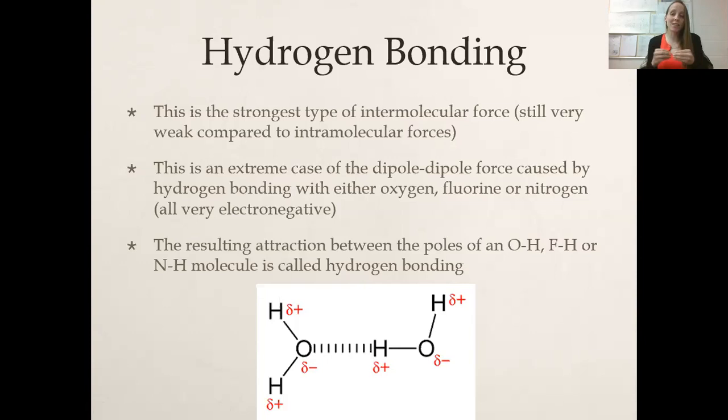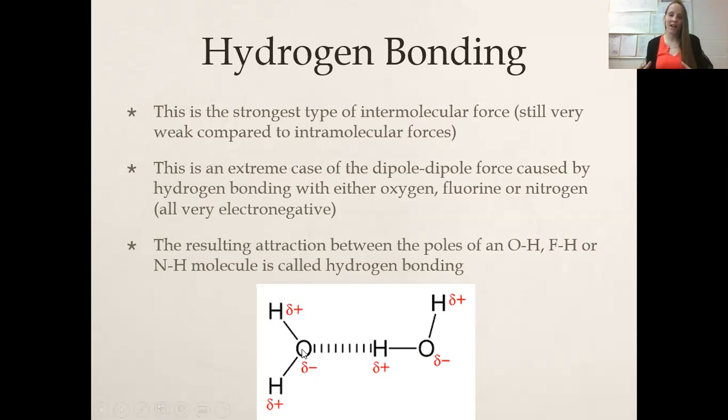However, it's a really, really strong dipole-dipole, and it only happens in molecules where you have a hydrogen bonded to either a nitrogen, an oxygen, or a fluorine. NOF. So if a hydrogen is bonded to N, O, or F, and in this case, the hydrogen is bonded to an O in both of these molecules.